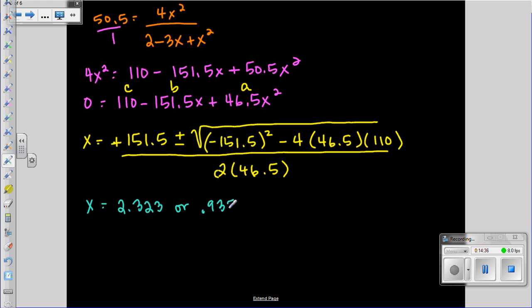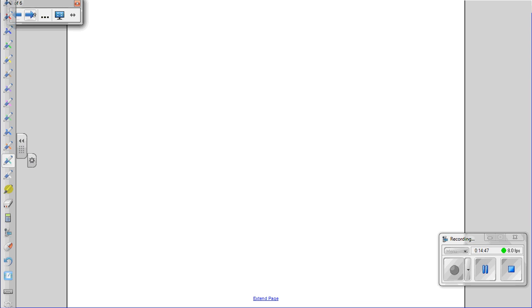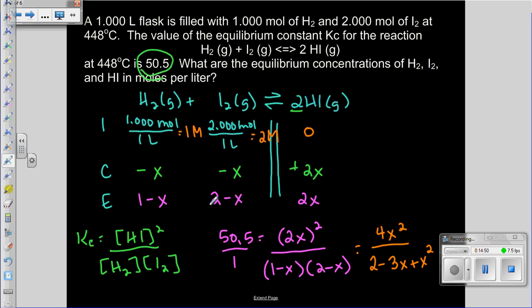I'm sorry about that. I don't know what I did. Okay, we already know that the one that was larger than 2 was not going to work because that was going to give a negative number here. So we're going to use the 0.935.